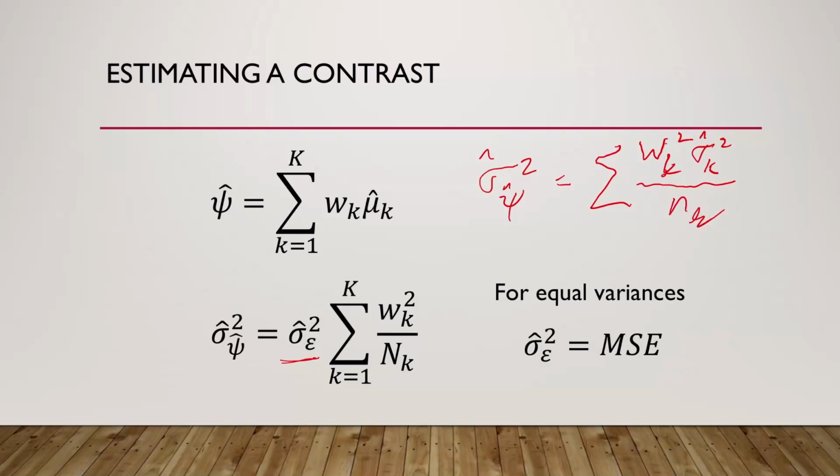So this is the way it would look if we had separate little variances for each of the conditions. Now, if we do that, we're going to be restricted as to what kind of multiple comparison procedure we can use. So I'll talk about that later.